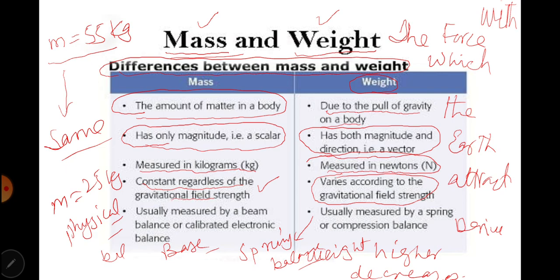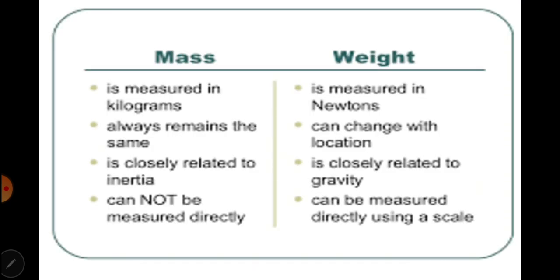Now, mass is measured in kilogram, which you already studied. It always remains the same and is closely related with inertia. Mass is a measure of inertia. Weight is measured in newtons and can change with change in location.